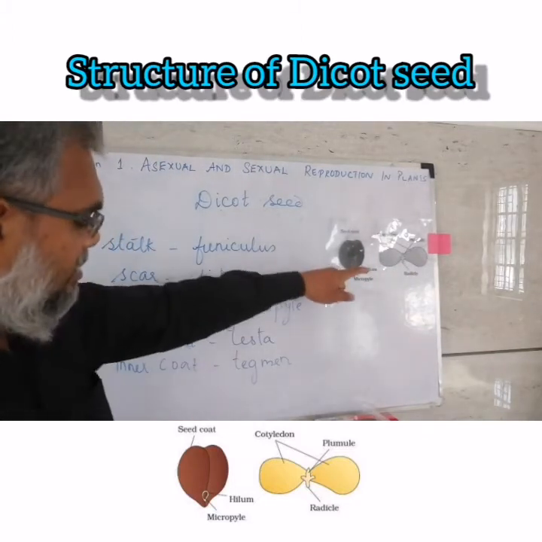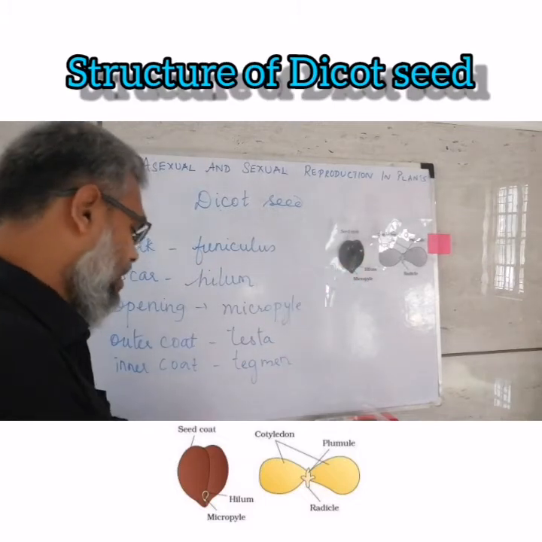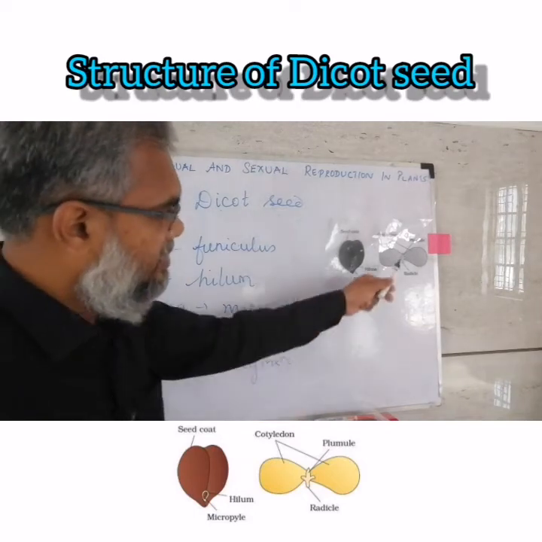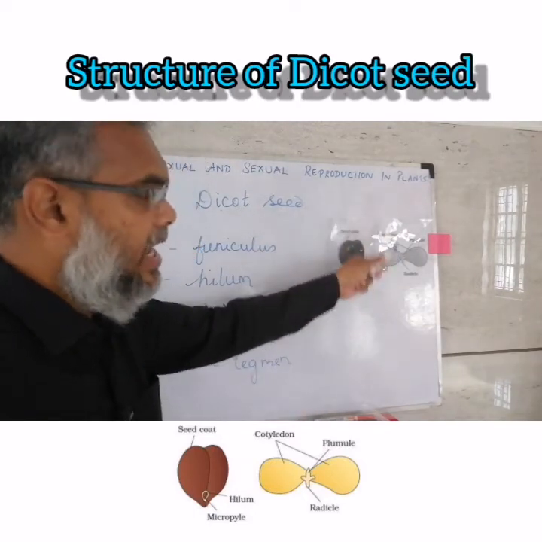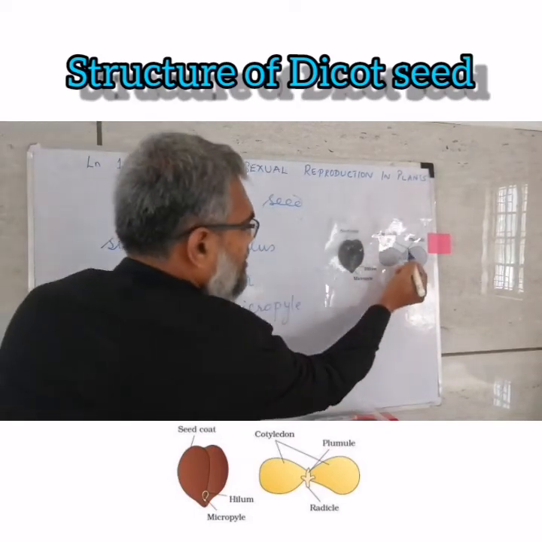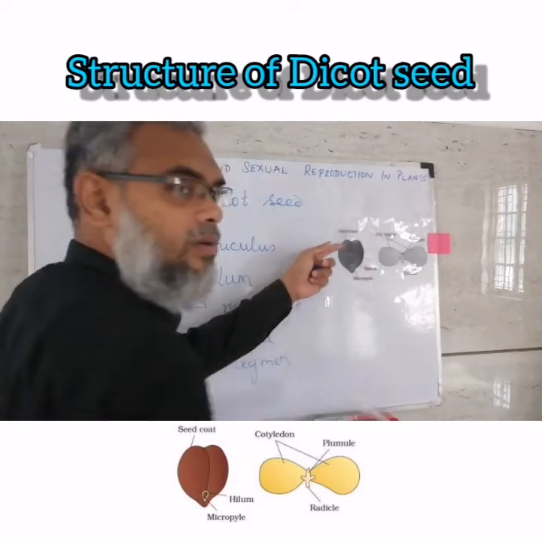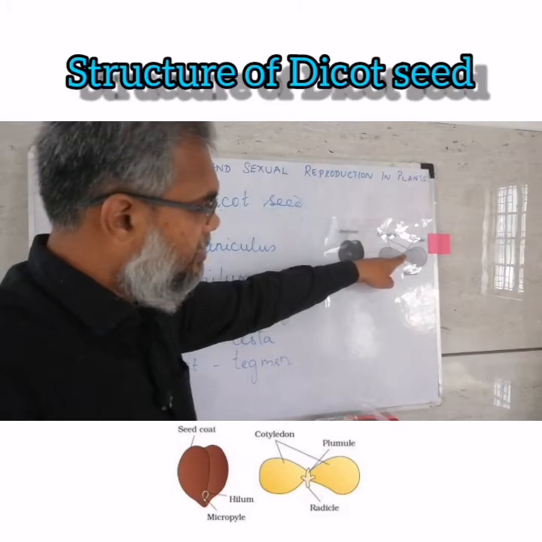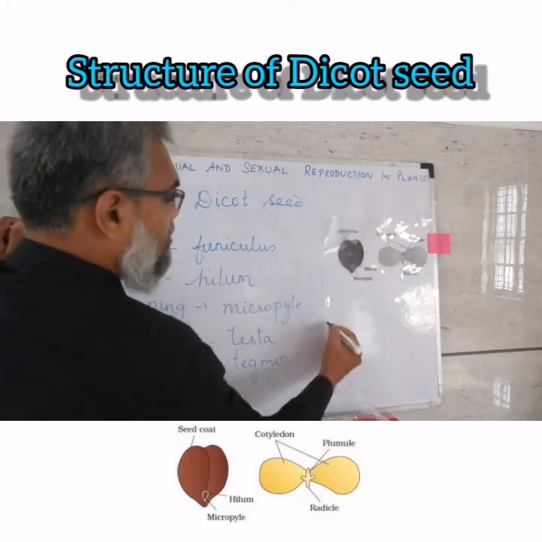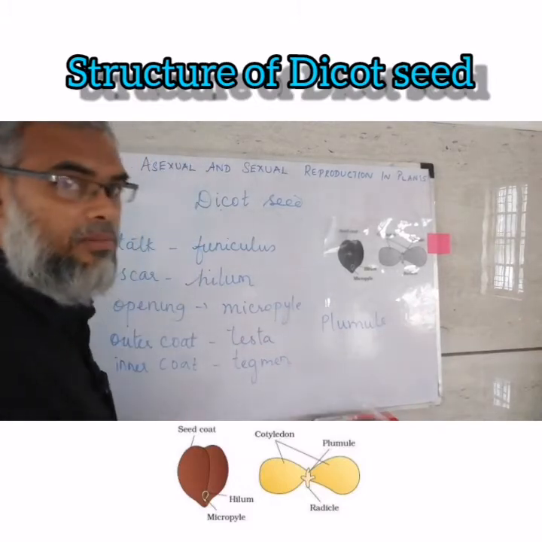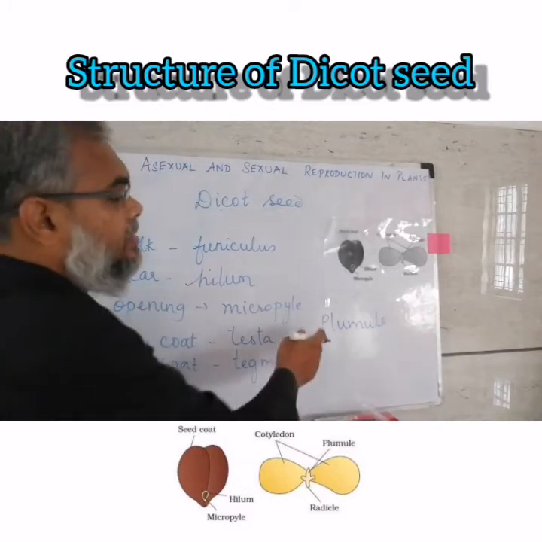If you see these two cotyledons, a portion of the embryonic axis is projected above and below. You can see it somewhat projected above and below. The portion which is projected above is called plumule.